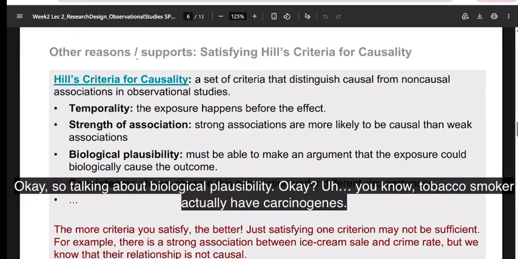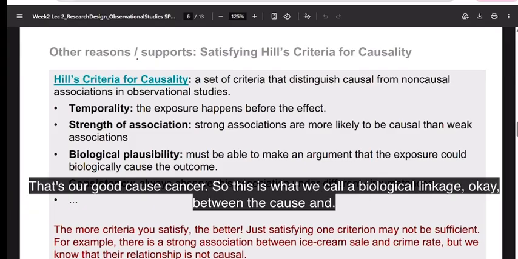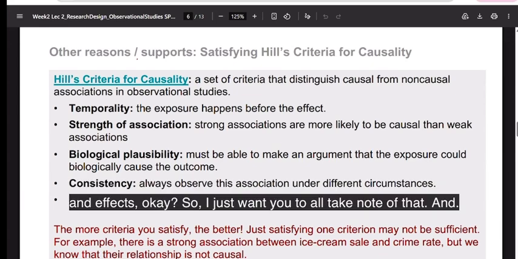Talking about biological plausibility, tobacco smoke has carcinogens, and biologically, carcinogens can cause damage to DNA, and of course, when there's damage to DNA, that could cause cancer. So this is what we call a biological linkage between the cause and effect. So I just want you to take note of that.